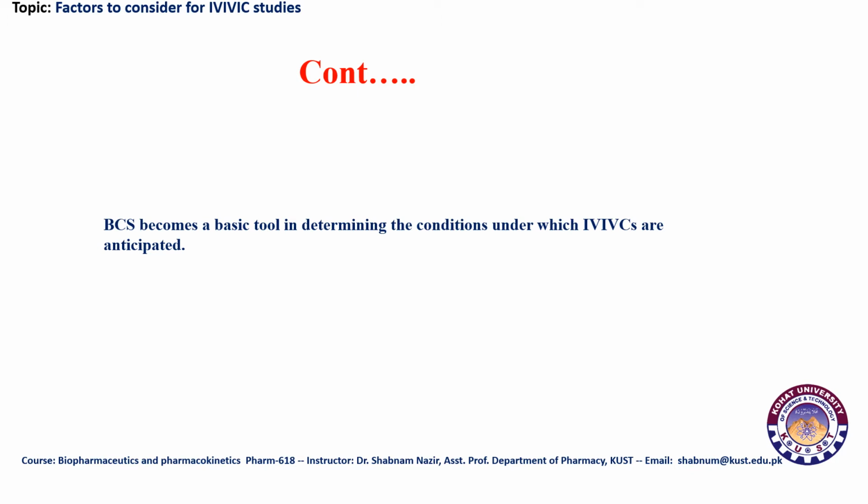Because if a drug is highly soluble and highly permeable, you can easily anticipate that its bioavailability can cross 90% and it will be highly bioavailable. That is the same reason that most of the time FDA gives a waiver for such drugs. Moreover, it's also used as a tool for developing the in vitro dissolution specifications.